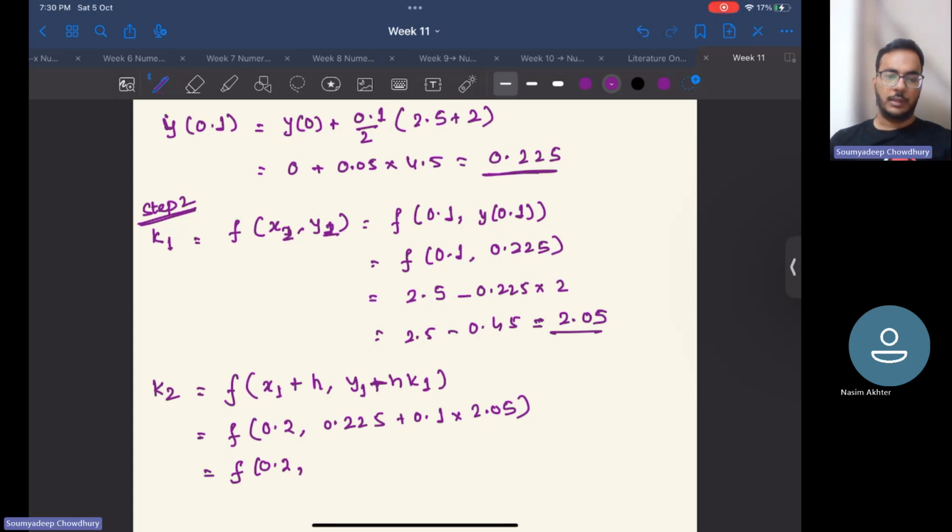So this is how we calculate. This comes out to be 0.43.